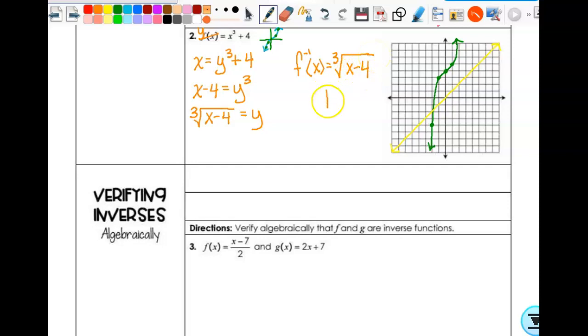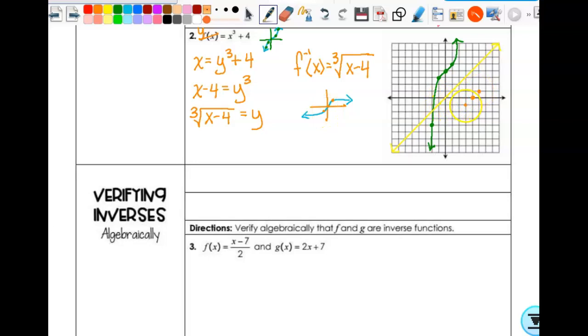Okay, and then graph this. Cube root looks like this. What's the only transformation I have here? Right 4. So I start at 0, 0, my first anchor point. You go to the right 4. Go to 1, 1. Go to the right 4. Negative 1, negative 1.